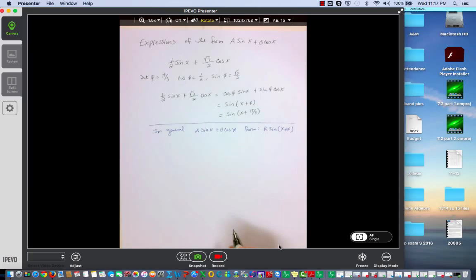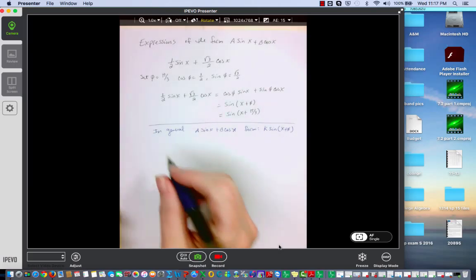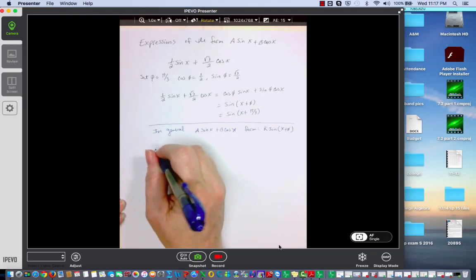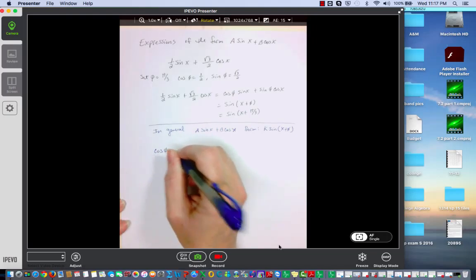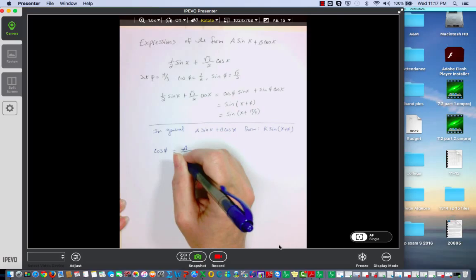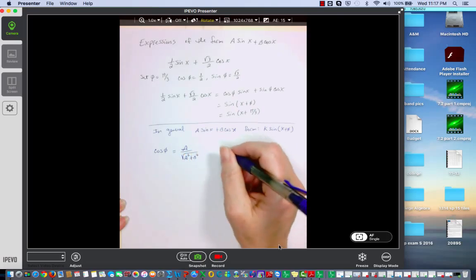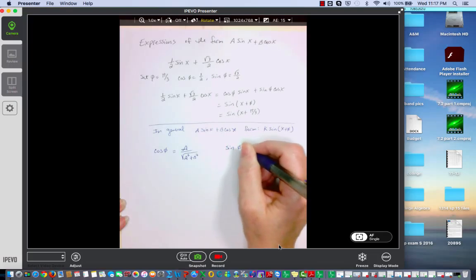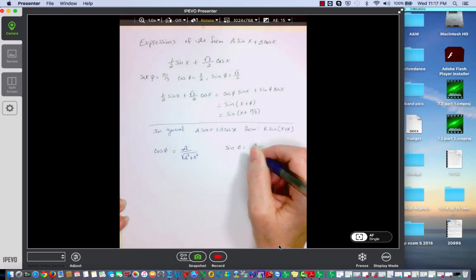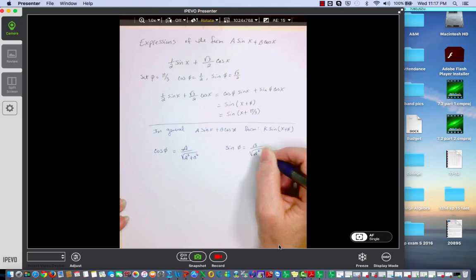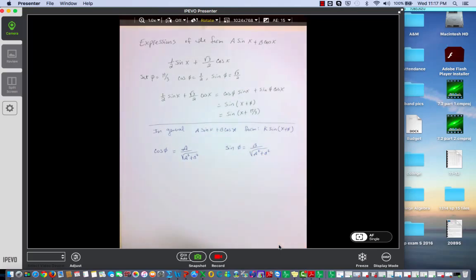So I'm not going to work the proof of it, but what you need to understand is that the cosine of phi will be equal to a over the square root of a squared plus b squared, and the sine of phi is equal to b over the square root of a squared plus b squared.